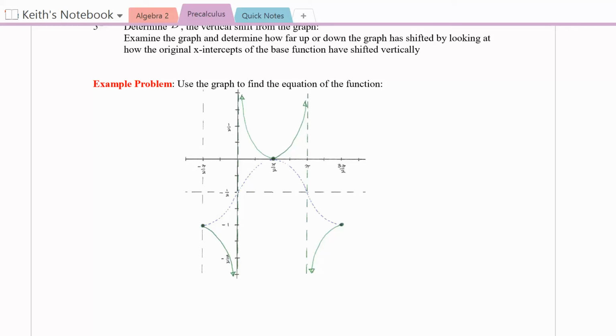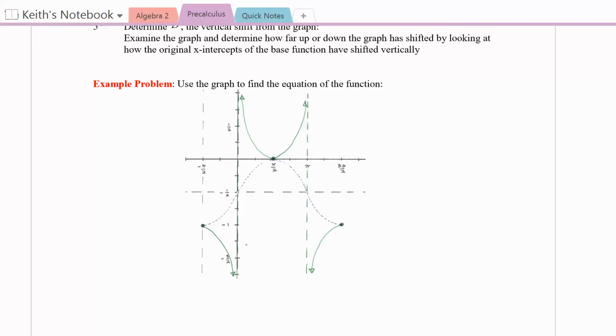From looking at this graph, we can tell there is an asymptote and then another asymptote, and the two asymptotes are in the middle. This is not an asymptote. This is where the y-axis would go, and this is where the x-axis would go, which will help you look at the vertical and horizontal shift. The green parts here are just the asymptotes.